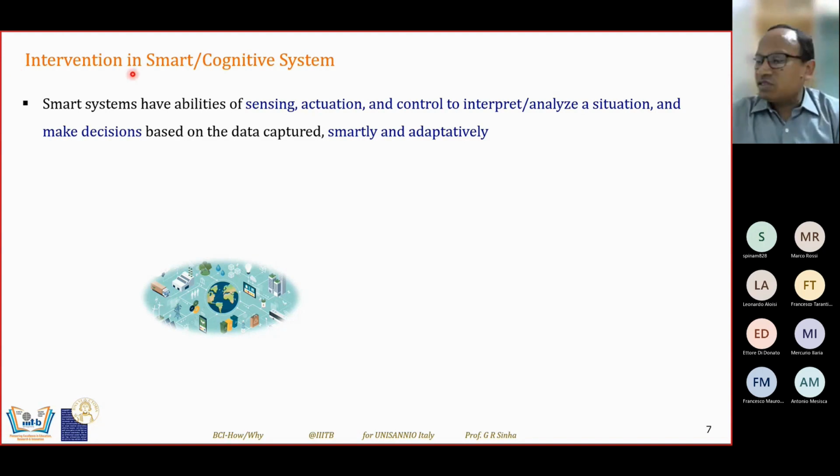AI intervention can be seen in the smart and cognitive system. You all understand when I say a smart system means an AI empowered, AI enabled system.